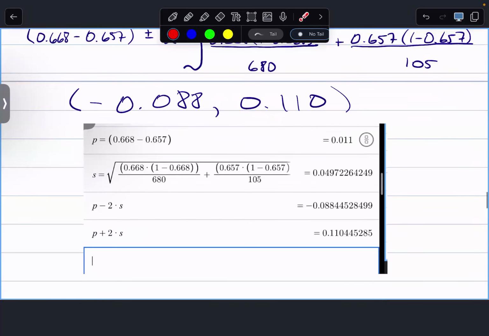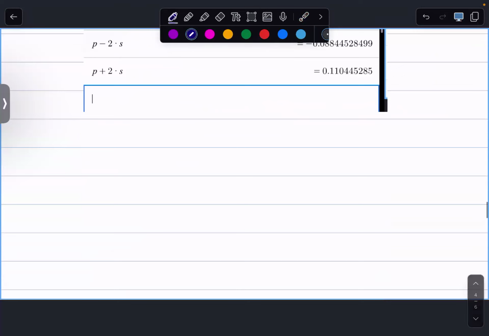And so we need to interpret this interval, and we're going to use the exact same blurb that we used before, just remembering that now we're talking about the difference in the proportions.